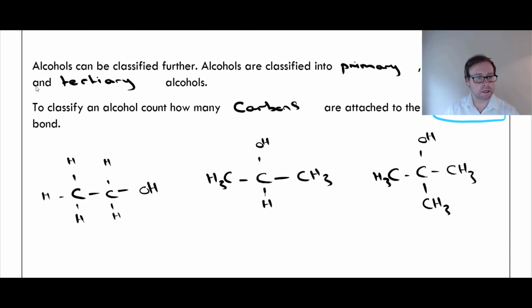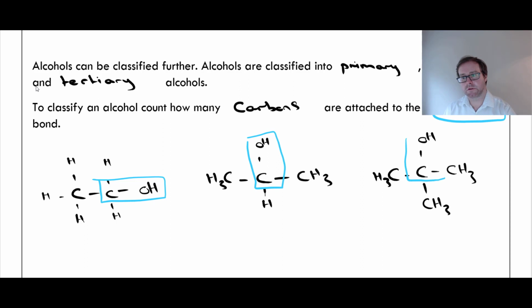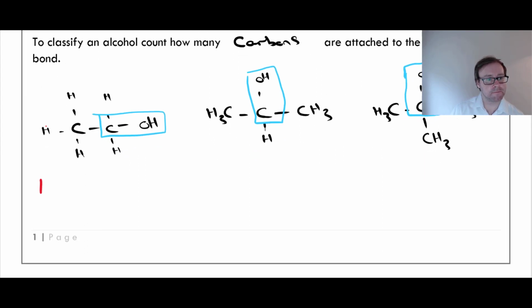And here, we're looking at this. We're looking at this. And we're looking at this. Right, so in the first one, how many carbons are coming off this C which is attached to the OH? Well, it's 1. So I reckon that is probably primary.